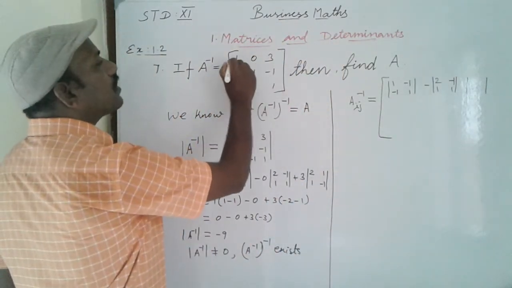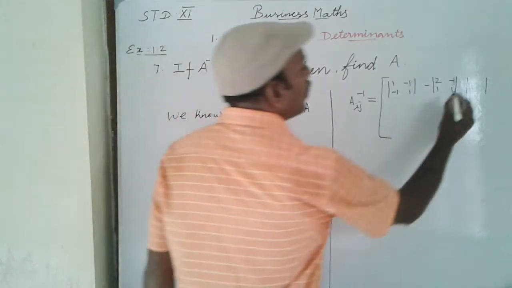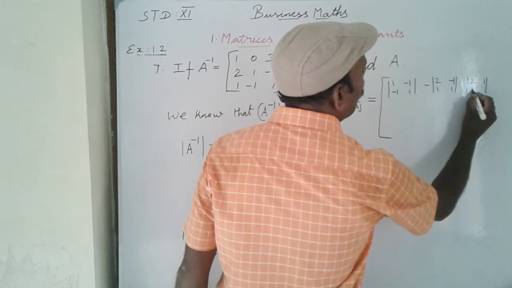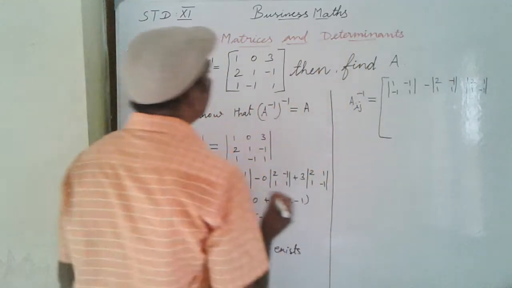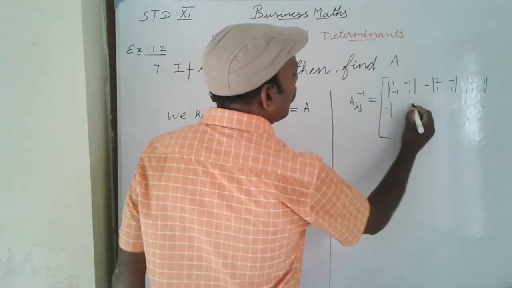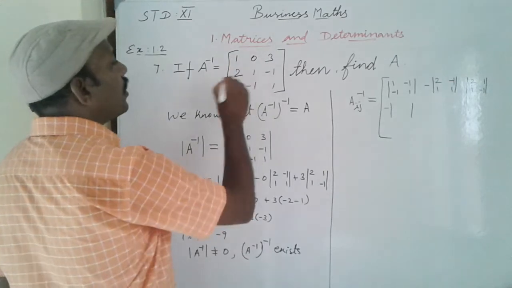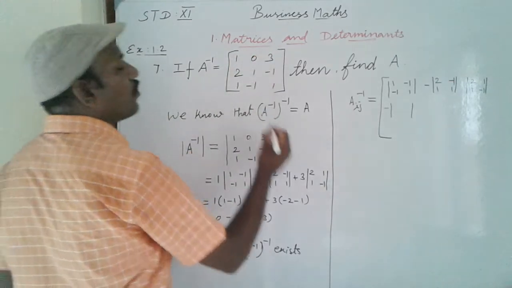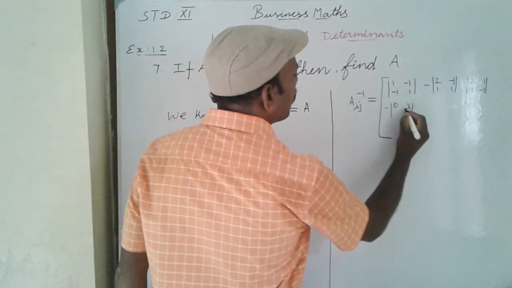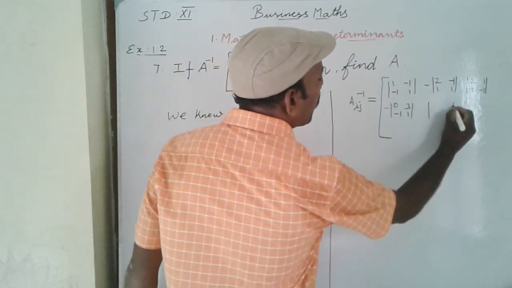Cofactor of 3, the row and column eliminated: 2 1, 1 minus 1. Next symbol is minus. Cofactor of 2, row and column eliminated: 0 3, minus 1 1. Next is the plus symbol.